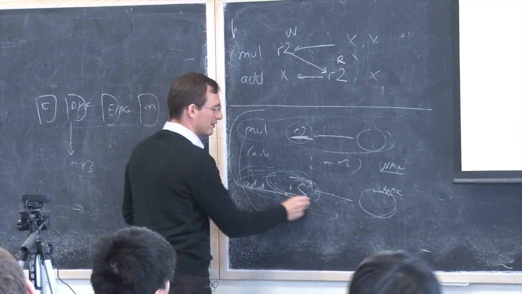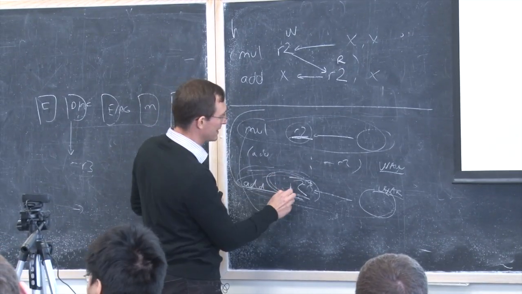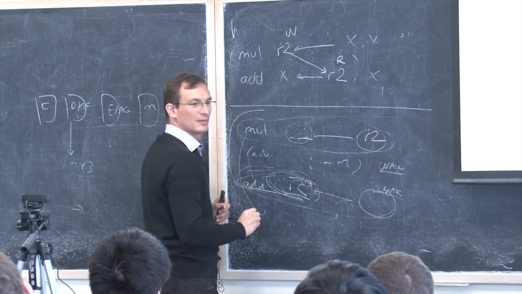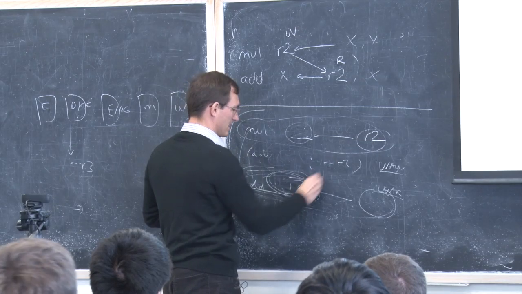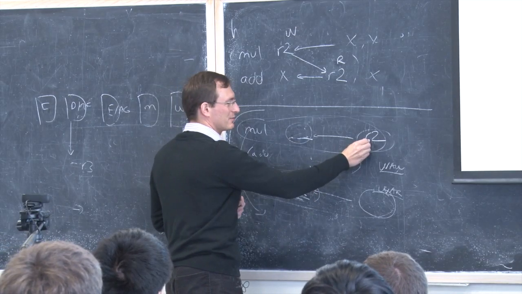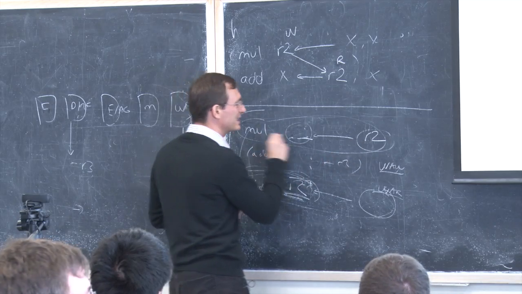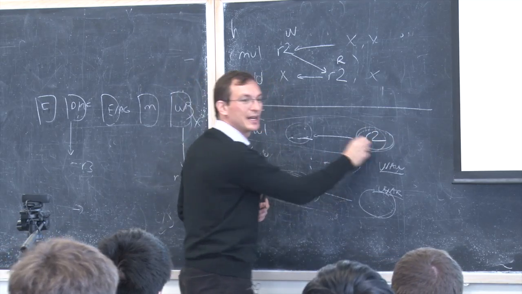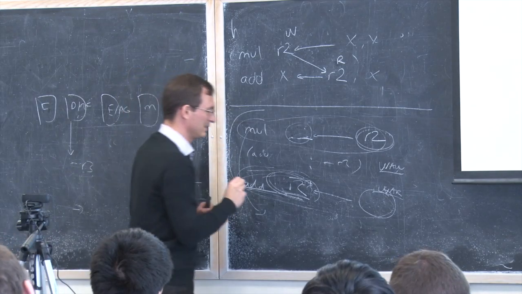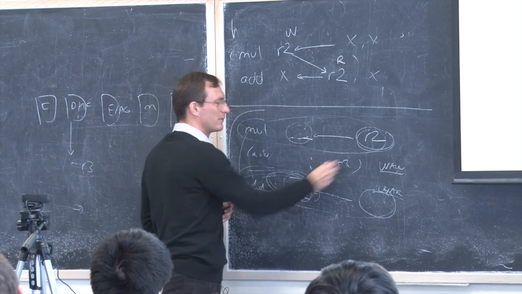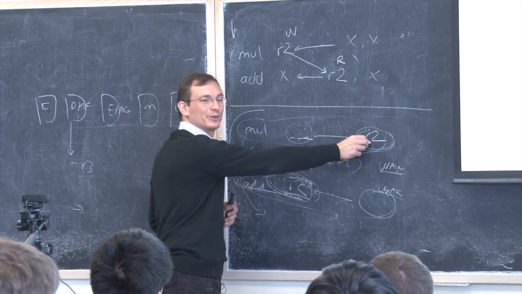Write after read is this. You just need to guarantee that this multiply, actually we need to think about this a little bit maybe. We're going to get back to that. You just need to guarantee that this multiply reads the correct value of R2. So this add should not clobber the value of R2 before multiply reads the old value.